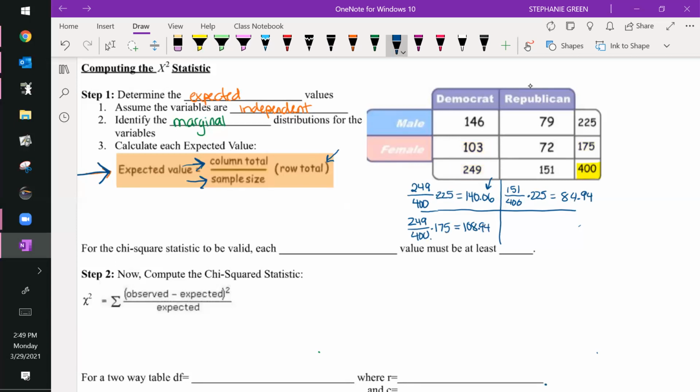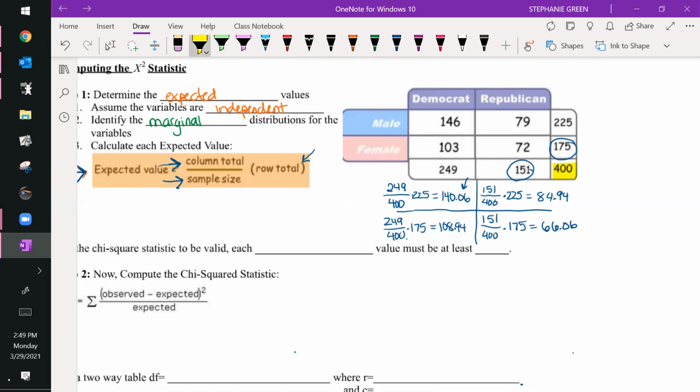Female Republicans, column total is 151, row total is 175. So we do 151 divided by the sample size times the row total 175, and that gives us an expected value of 66.06. Okay, so that's how we calculate our expected values using a two-way table.